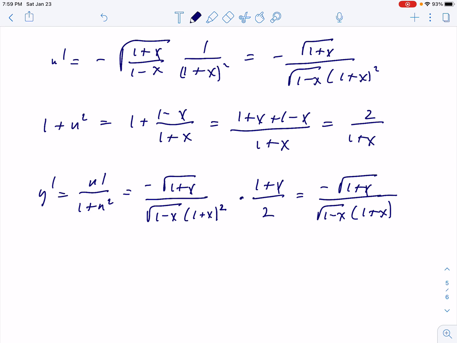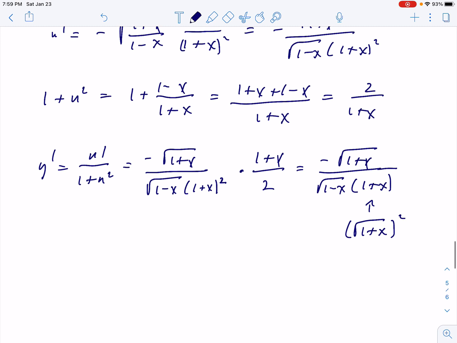And believe it or not, we can reduce even further, because 1 plus x, I can write root 1 plus x squared. So we reduce by this radical, and y prime becomes negative 1. Oh, I forgot my 2.